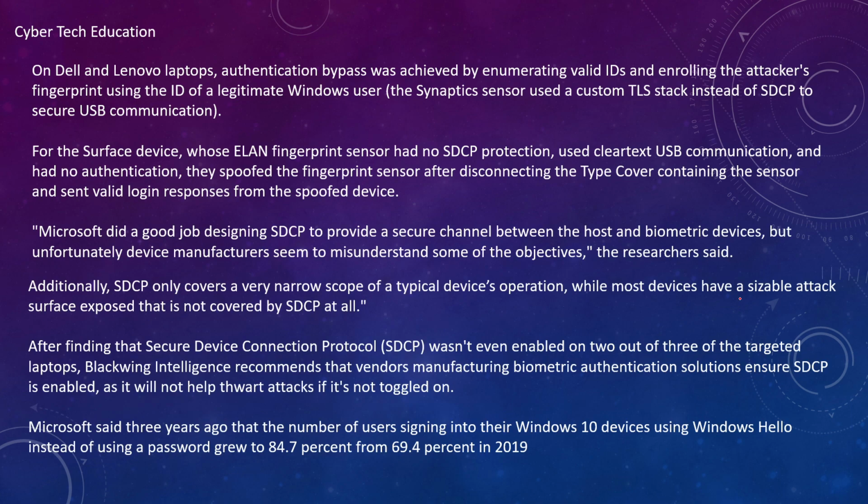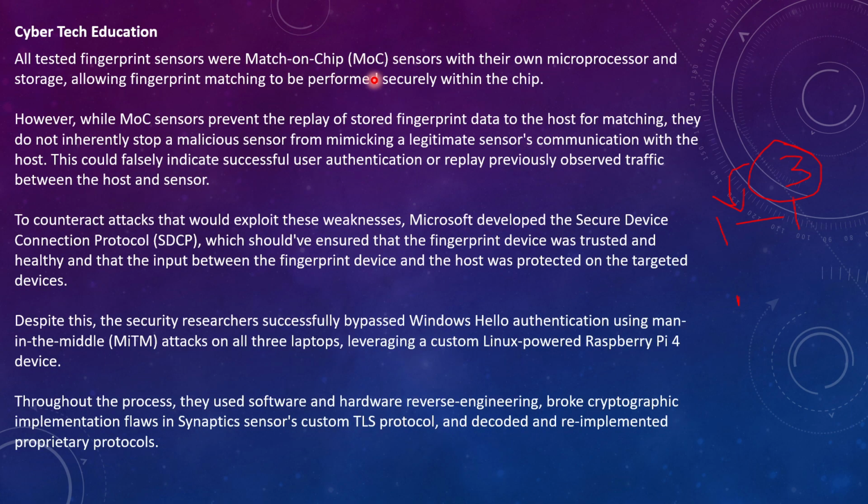On Dell and Lenovo laptops, authentication bypass was achieved by enumerating the valid IDs and enrolling the attacker's fingerprint using the ID of a legitimate Windows user. The targeted systems were the sensors using match on chip commands to interface.